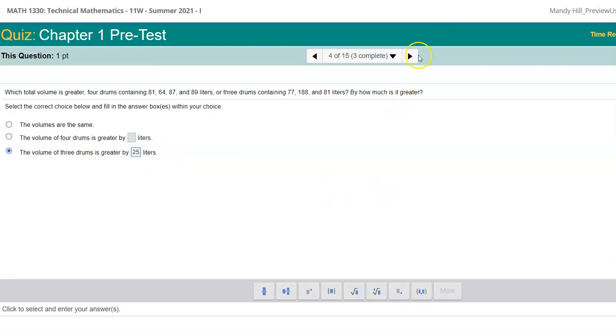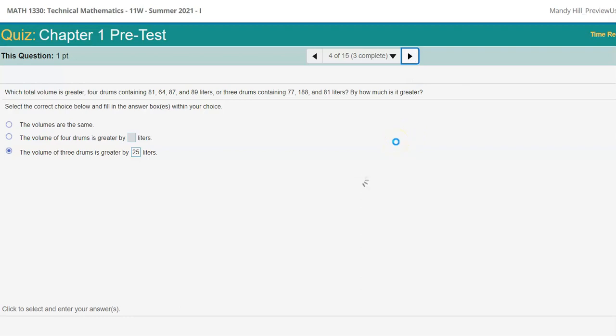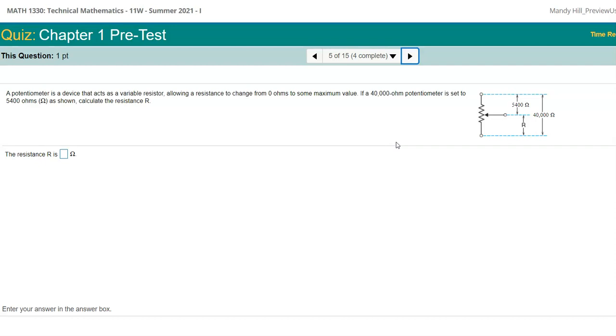Okay, let me do one more question. I just want you to be able to see what this is. A potentiometer, probably said that wrong, is a device that acts as a variable resistor, allowing a resistance to change from 0 ohms to some maximum value. If a 40,000 ohm potentiometer is set to 5,400 ohms as shown, calculate the resistance. I'm sure that you electronic people can say this a lot better than me.